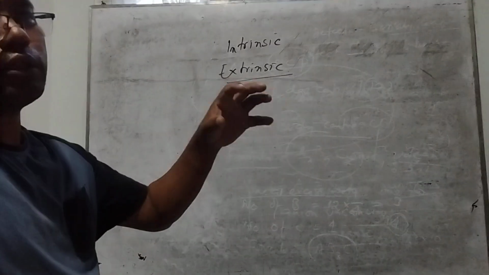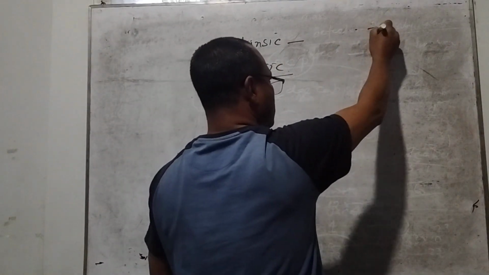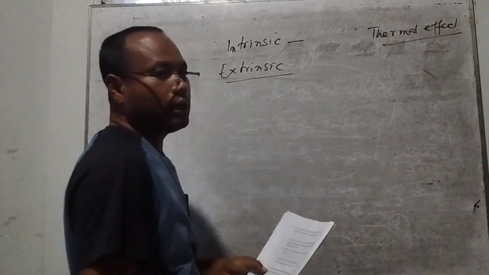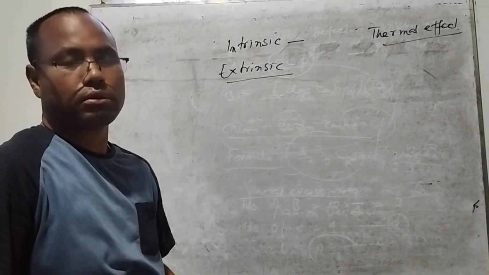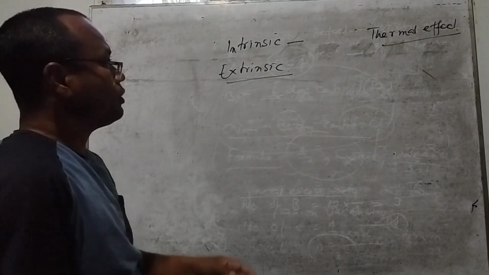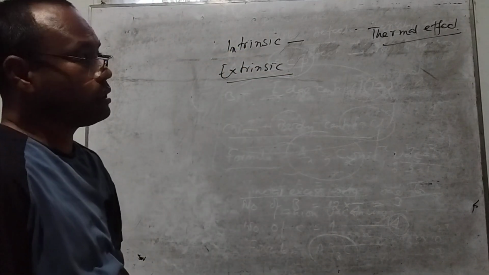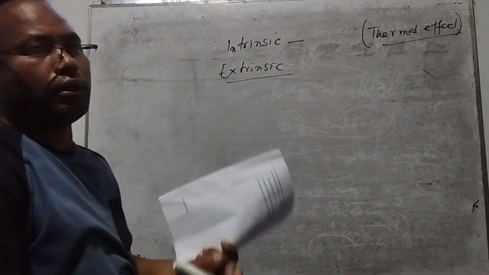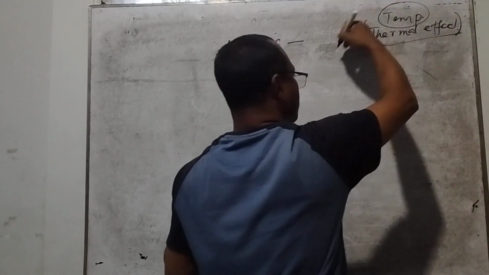So there are different options. One option is the thermal effect. On heating any insulator, that substance can be converted into a semiconductor, right? So the intrinsic semiconductor is related to the thermal effect. Don't forget, that means it depends on the temperature, right?